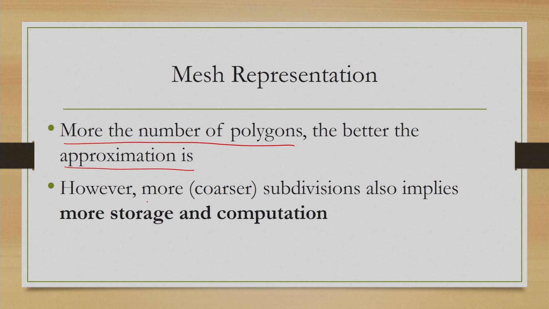However, more subdivision also implies more storage and computation. So, if we use 3 triangles to represent a surface, vis-a-vis 30 triangles, the latter representation of course will give better visual clarity, better visual quality.